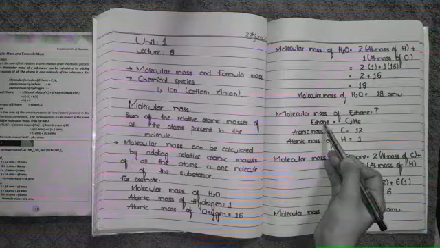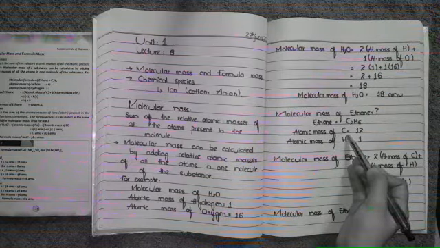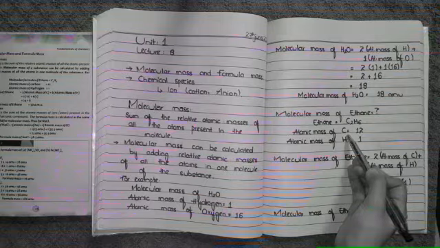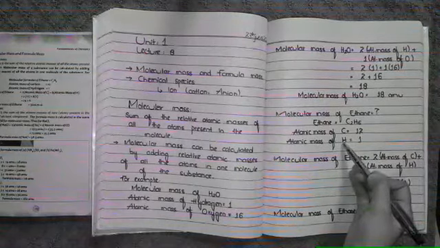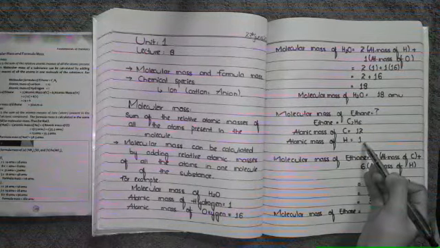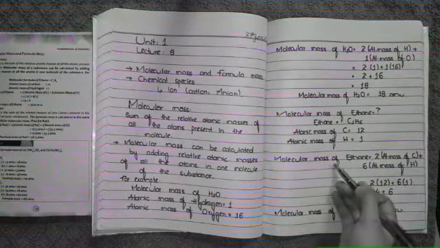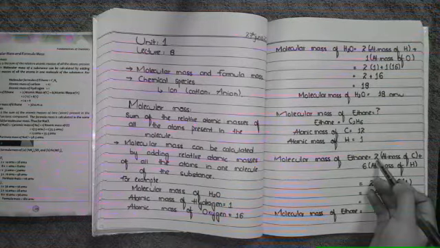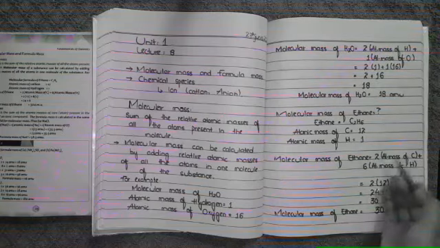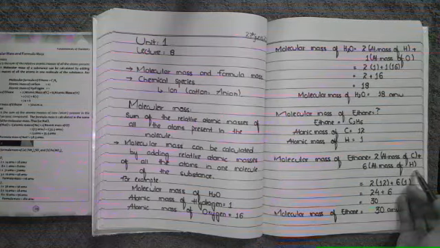Then we also need to know the atomic mass of carbon and the atomic mass of hydrogen. The atomic mass of the carbon atom is 12 and the atomic mass of the hydrogen atom is 1.